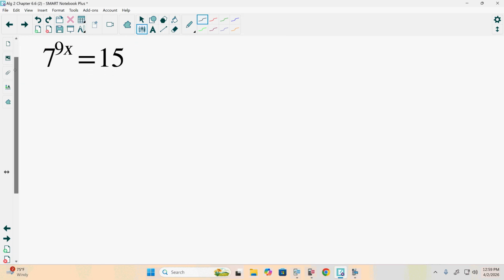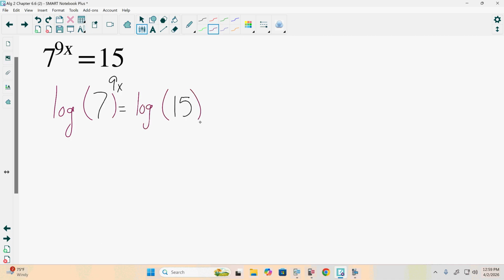7 to the 9x equals 15. Do we have one term on either side? Oh yeah, we have one term on either side. We're good there. So that means I can apply my log to both sides. And specifically, it's going to be log base 7.